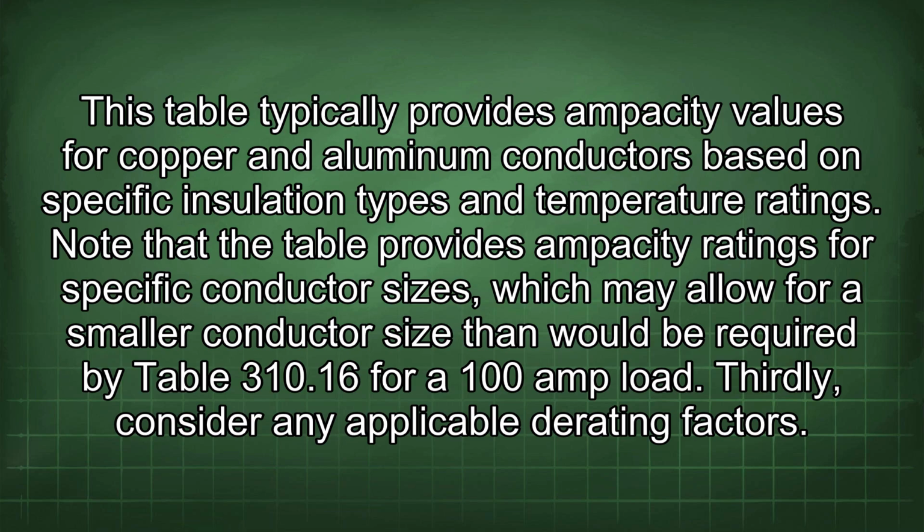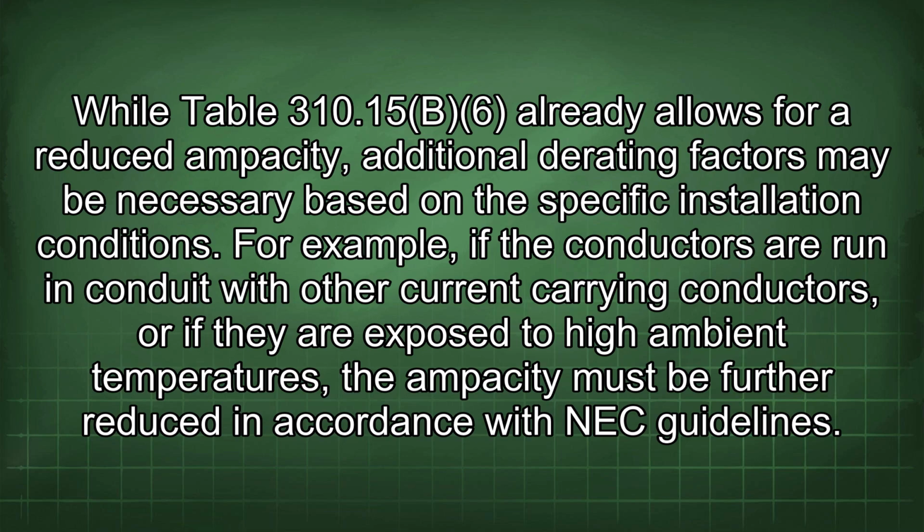Thirdly, consider any applicable rating factors. While Table 310.15(B)(6) already allows for a reduced ampacity, additional rating factors may be necessary based on the specific installation conditions. For example, if the conductors are run in conduit with other current-carrying conductors, or if they are exposed to high ambient temperatures, the ampacity must be further reduced in accordance with NEC guidelines.